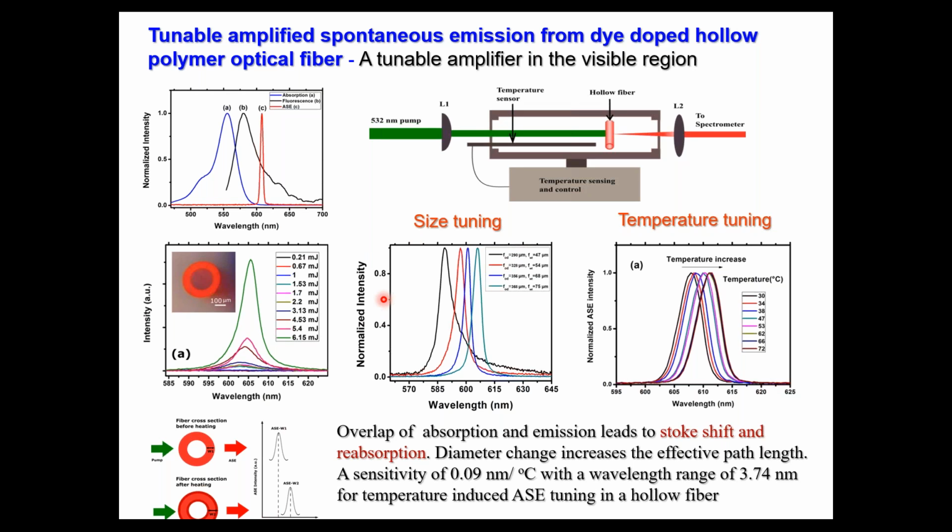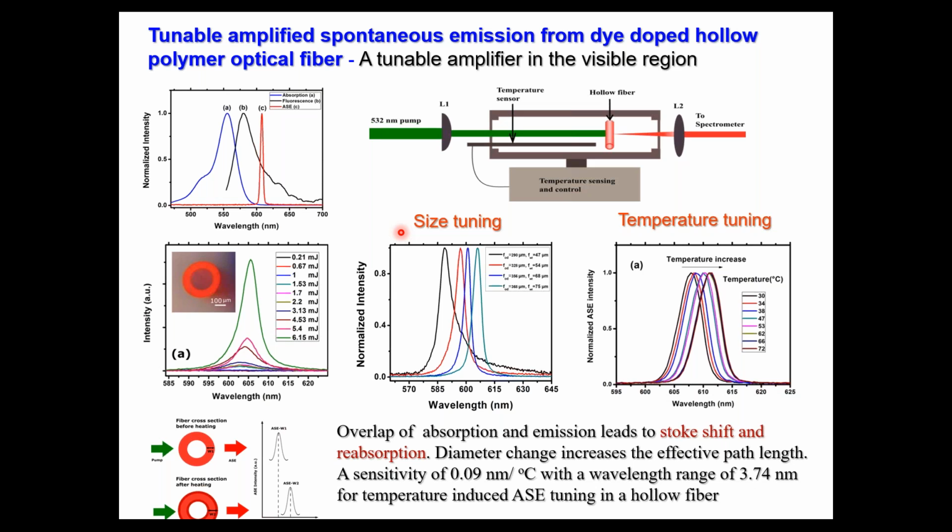And what is happening here is you can have a tuning of the emission wavelengths simply by changing the diameter of this hollow structure. That is, this is a lower diameter, and these are the higher diameters. So when you have higher diameters, the shift in wavelength is very much visible.